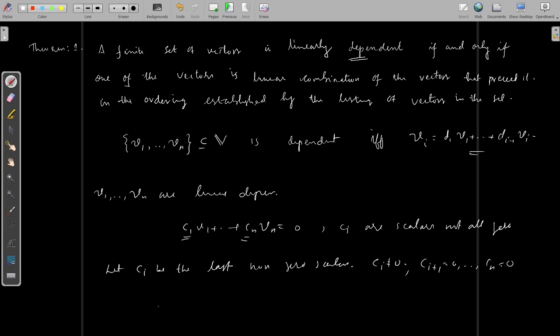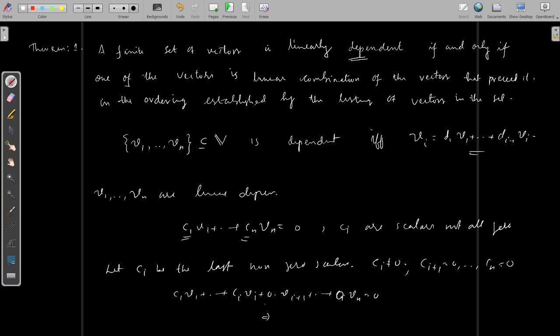So if this happens, you can write this expression as c1 v1 plus etc. plus ci vi plus 0 times v(i+1) plus etc. plus 0 times vn equals 0.